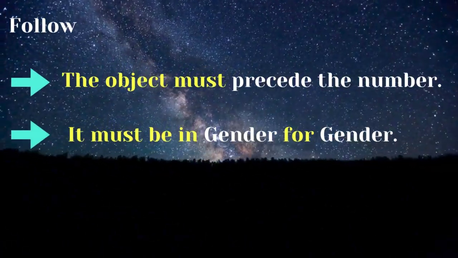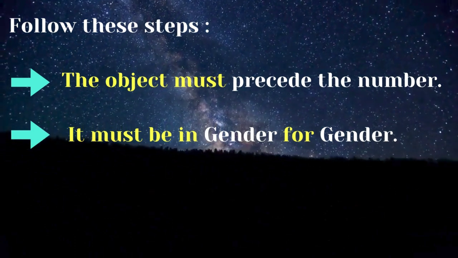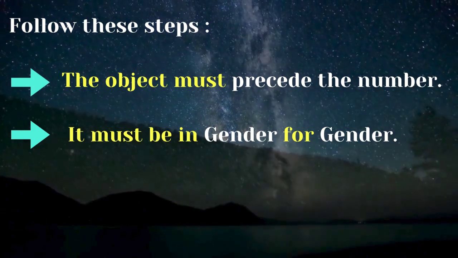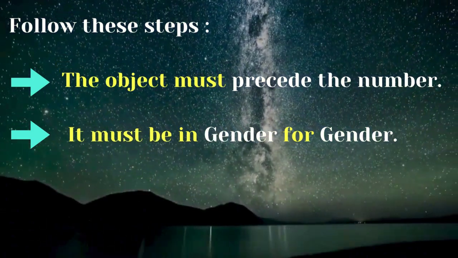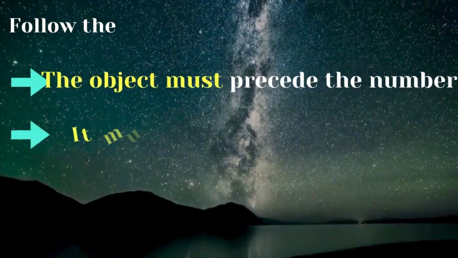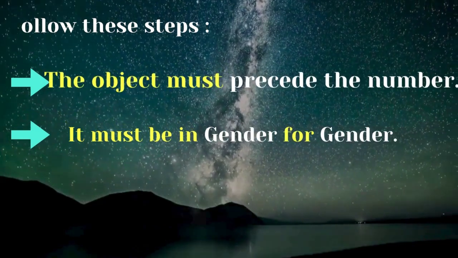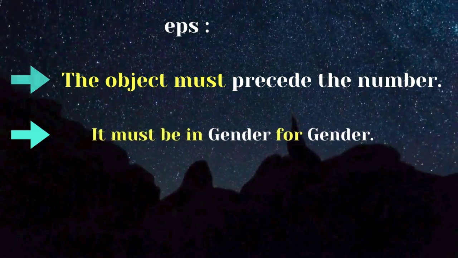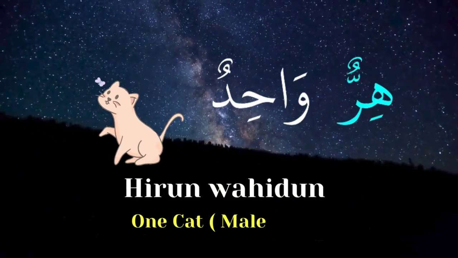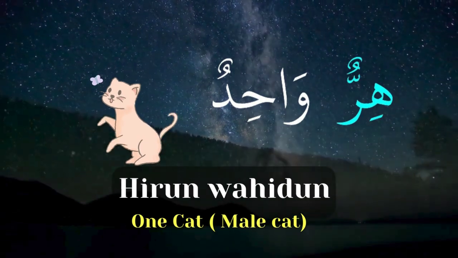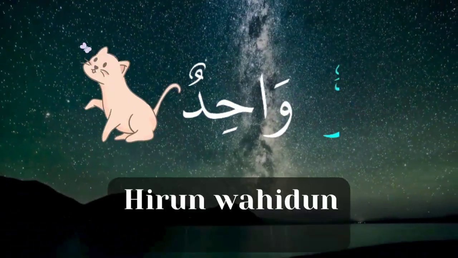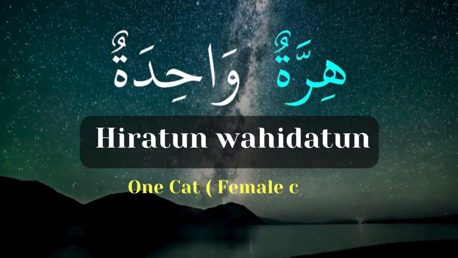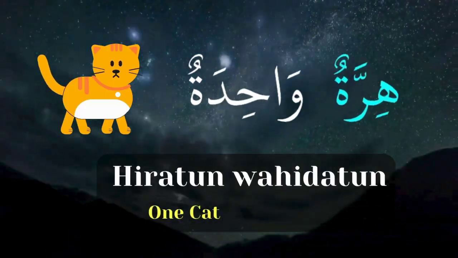One is that if the number is 1 and the countable noun is also 1, or is an object, then the countable noun precedes the number and it is expressed in gender-for-gender form. An example is hirrun wahidun, one cat, or hirratun wahidatun, one cat.